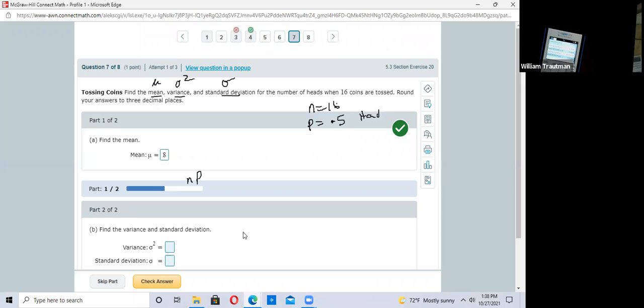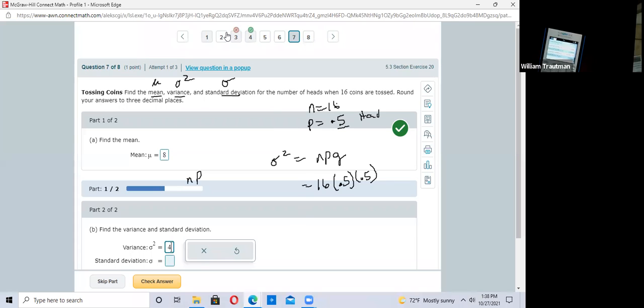Next, the variance. Remember, the variance was npq. n is 16, p is 0.5, q is the opposite of 0.5, which is also 0.5. So when I do that, I get 4.